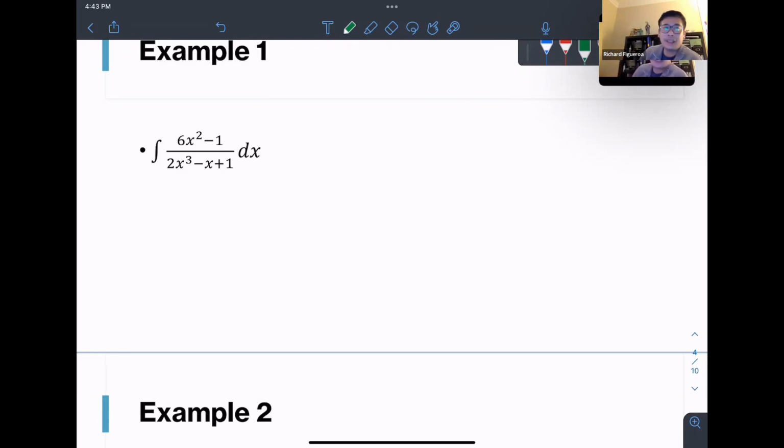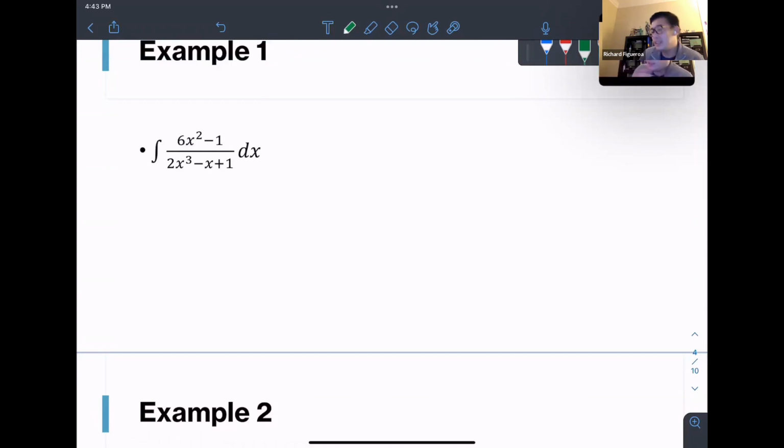Kasi that's the idea in integral calculus. It's a trial and error. So you have to take a look at it first, and then afterwards, ano yung unang hunch mo to solve it. Okay? Then you try it. So if it doesn't work, you have to do another method.